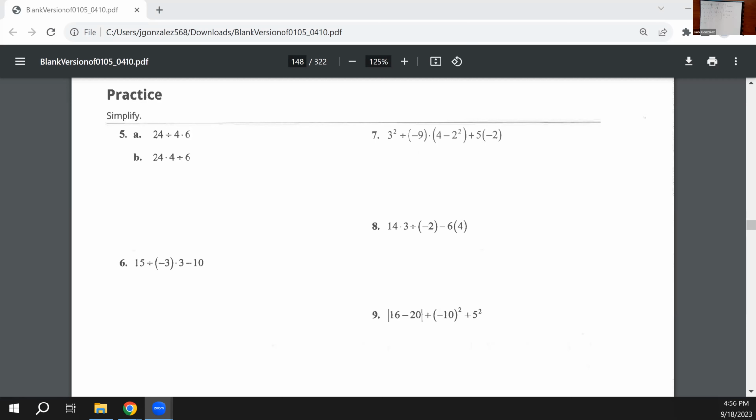What if you divide by -2, what is that? Negative 21. 4. And 4.